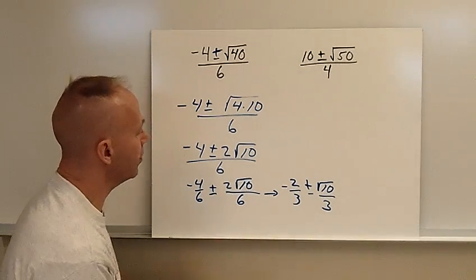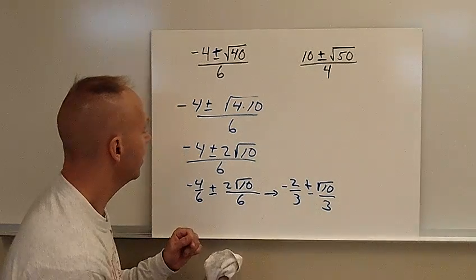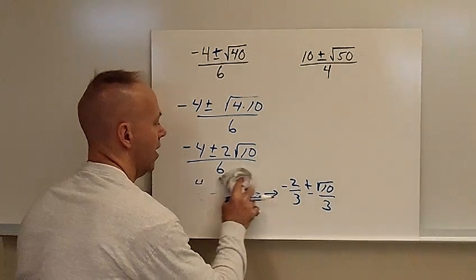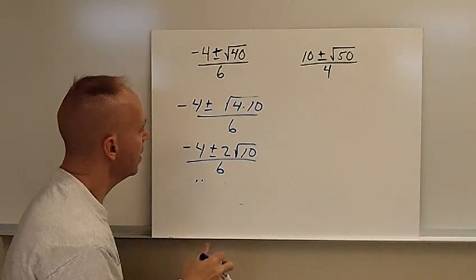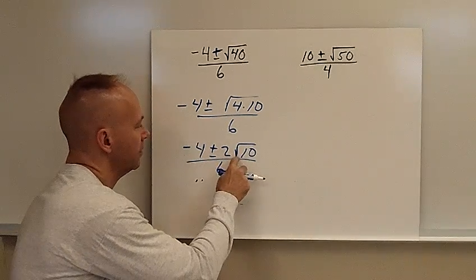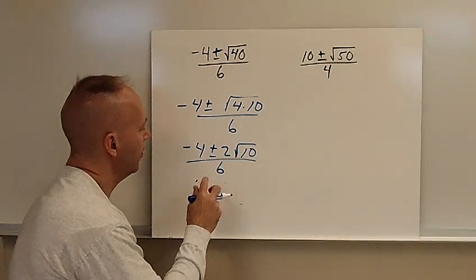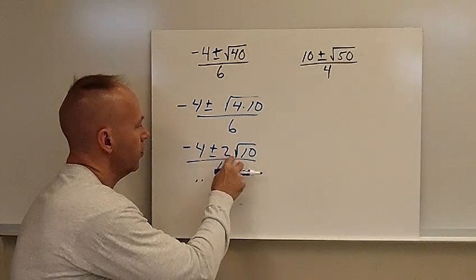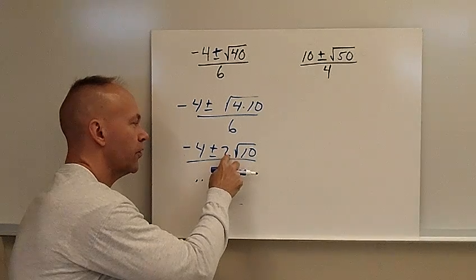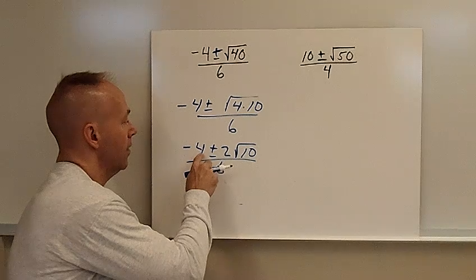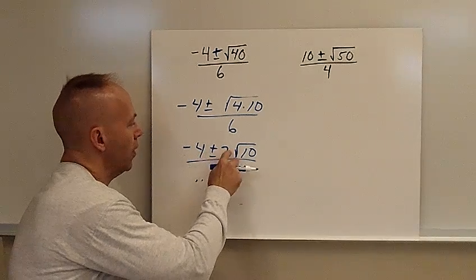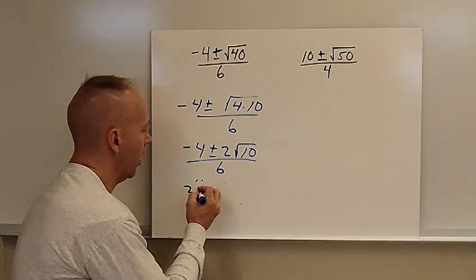Now, another way that you could do this, and get an equivalent expression, is to look at this top expression here and think, what is the greatest common factor between these two terms? Now, I'm just looking at the 2 here, not the 10. He stays in the radical. That's sacred. Well, between 4 and 2, I can factor a 2 out.